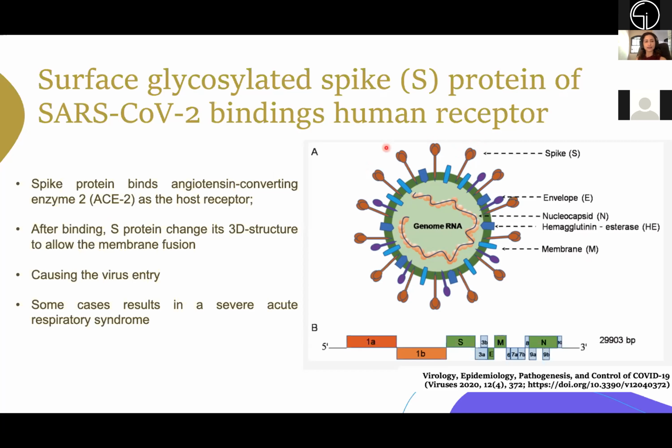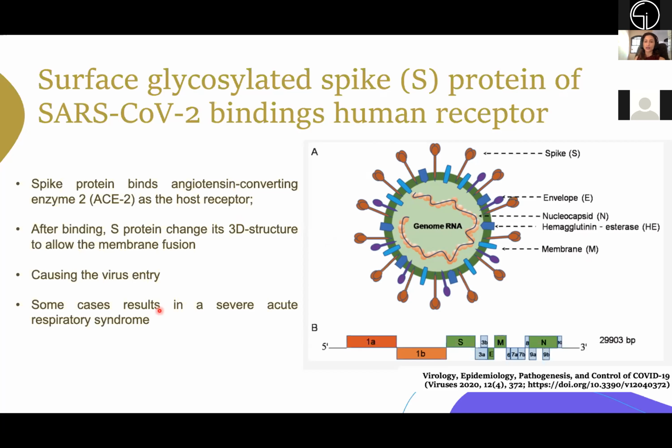After it binds to ACE2, the S protein changes its 3D structure completely to allow the membrane fusion between the membrane of the virus and the human membrane, allowing the virus to enter the human cells. And when it happens, some patients can develop severe acute respiratory syndrome.